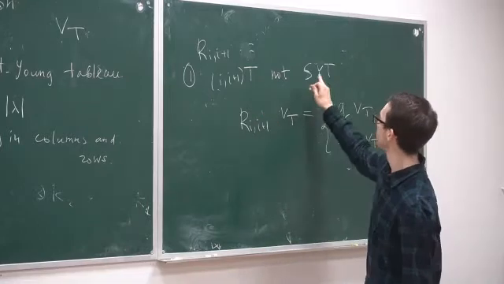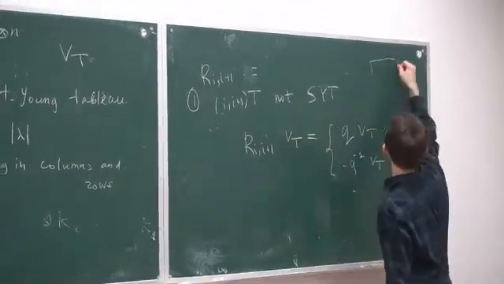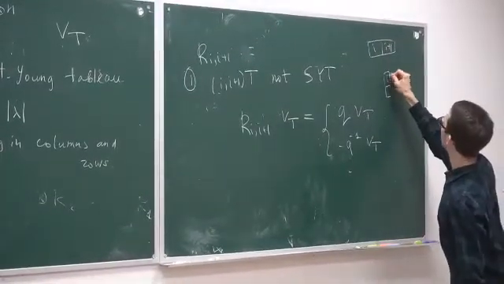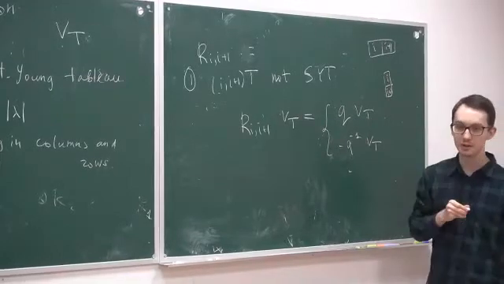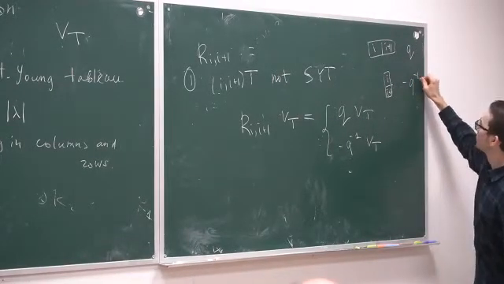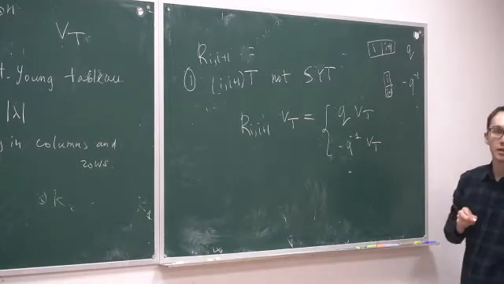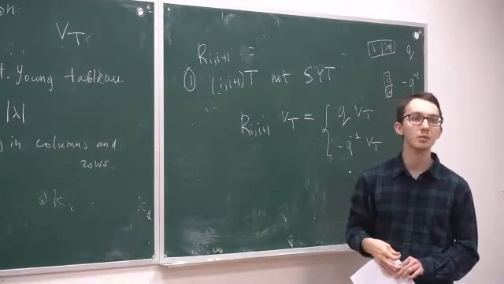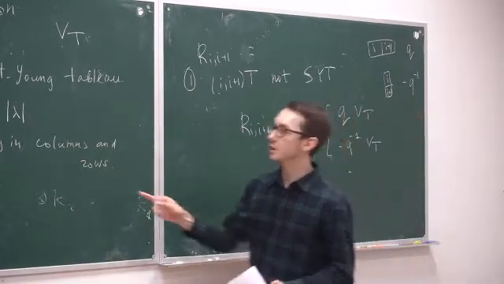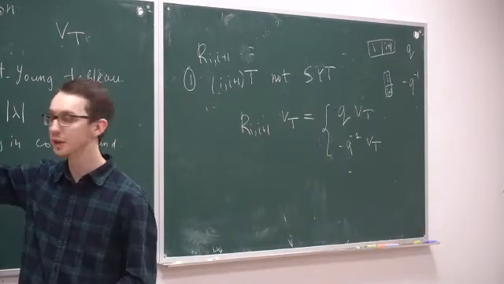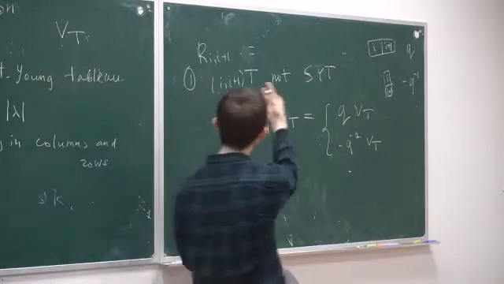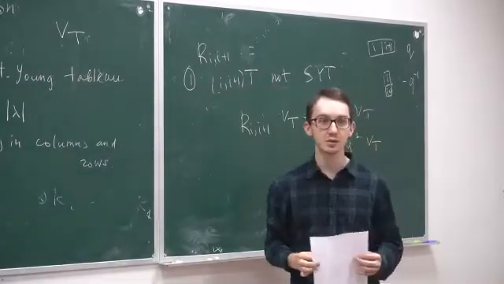If this is not a standard Young tableau, it means that i and i+1 are in the same row or in the same column. In this case, we put q, and in this case, we put minus q inverse. How does the permutation act on T? This is just some filling by numbers, so we can switch numbers i and i+1. So this is the case when the resulting table is not a Young tableau.